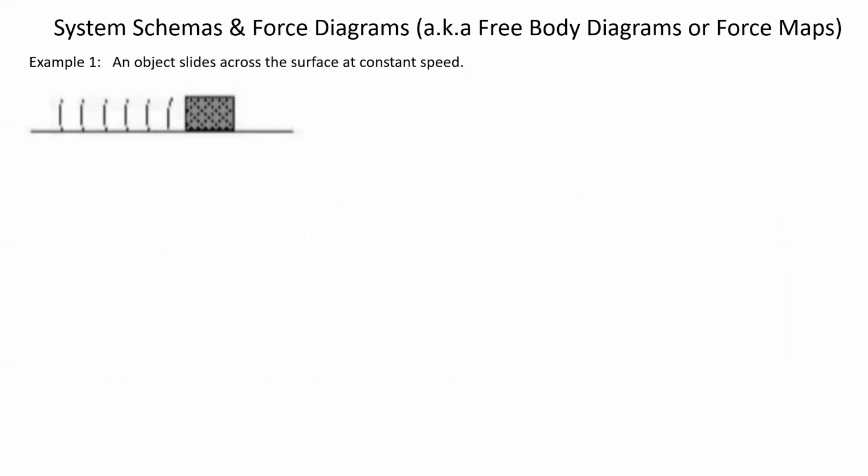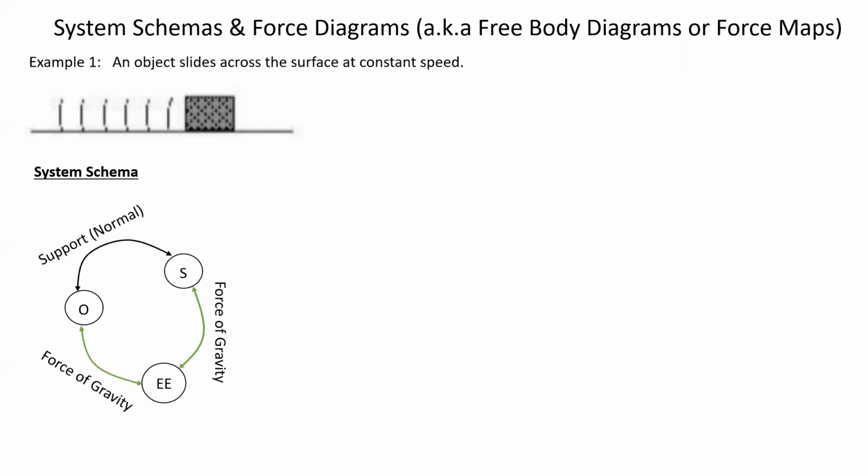An object slides across the surface at constant speed. The system schema would show the objects that are interacting. So that would be the object itself, the surface, and the entire Earth. It would also show the forces of interaction between them.